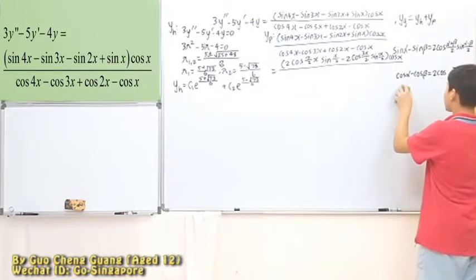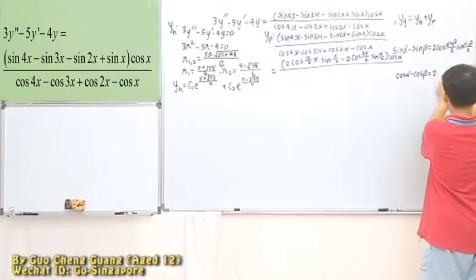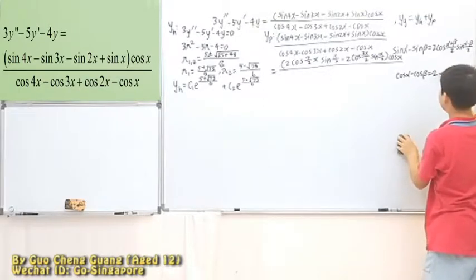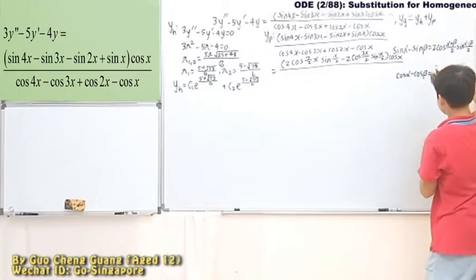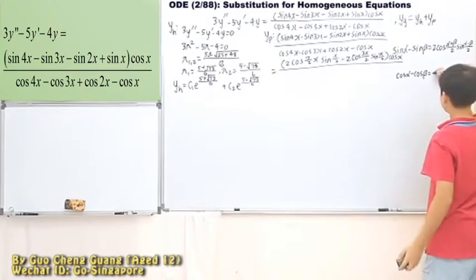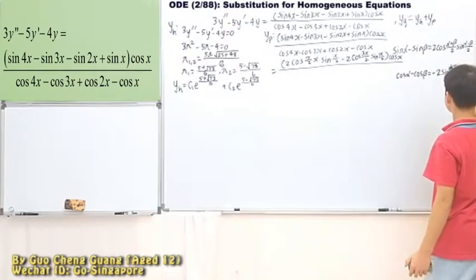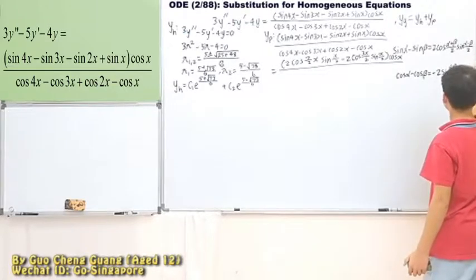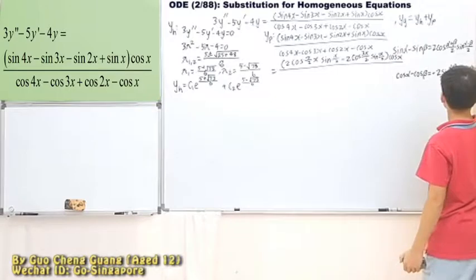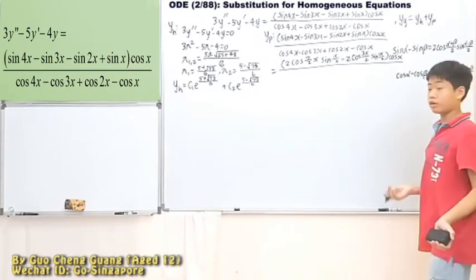But cosine and cosine, that means this part is going to be a negative. So for this part, write it here. And that means both will be sine. Okay, like this.